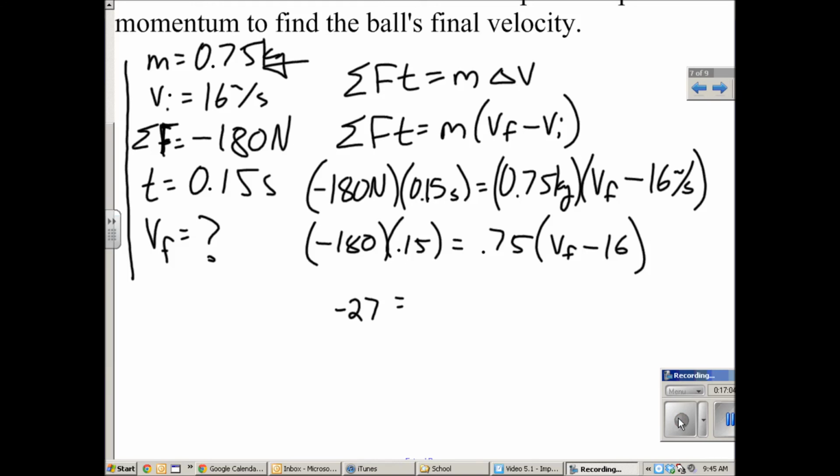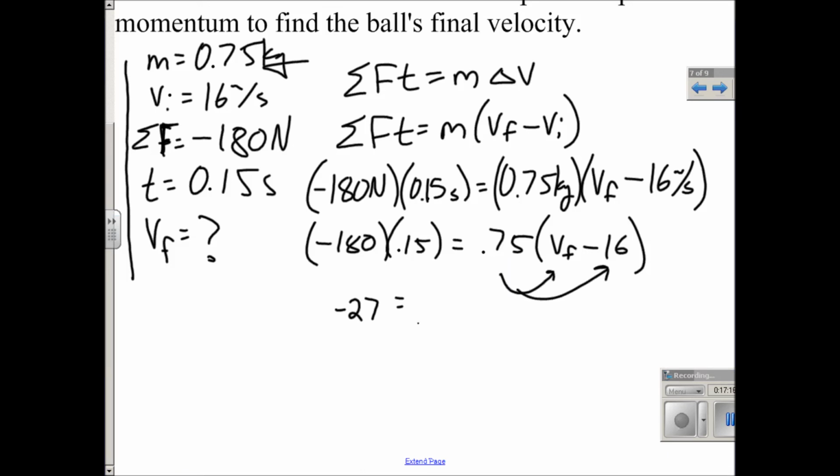You're going to get negative 27 equals, now over here you got a couple options. You can either divide by 0.75. For whatever reason, I always feel like I need to distribute, so that's what I'm going to do. Distribute, distribute. So you get 0.75 VF minus 0.75 times 16 is 12. Cool.